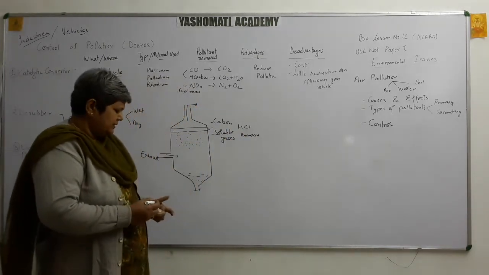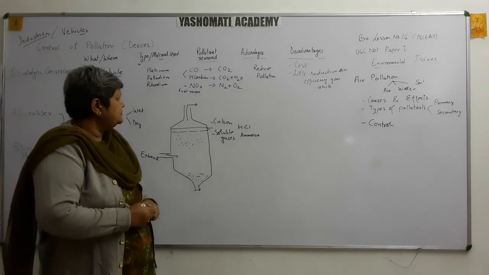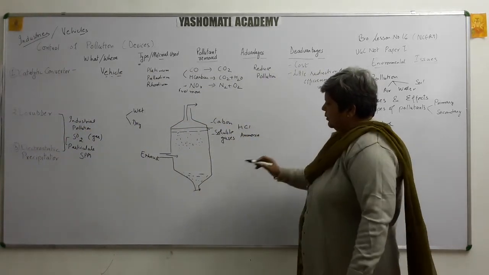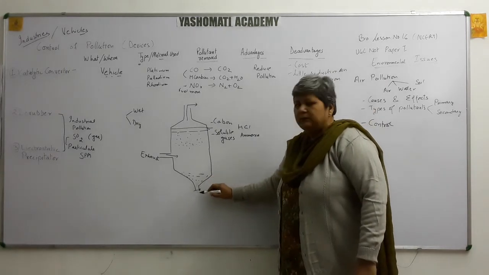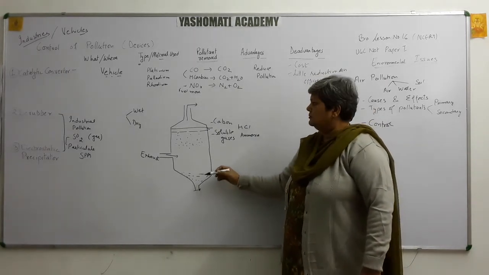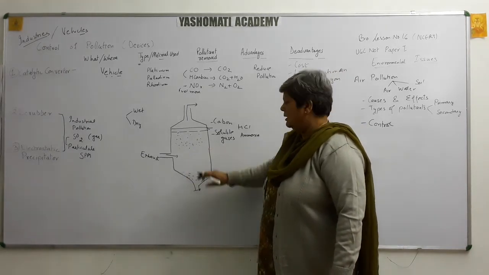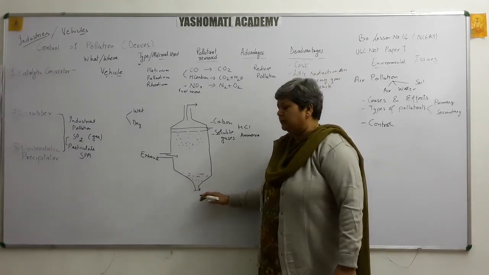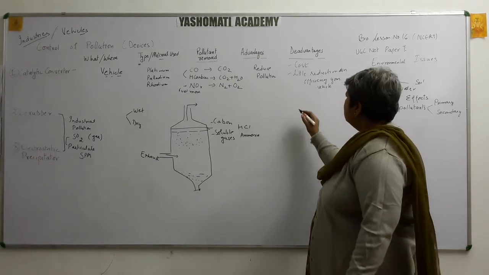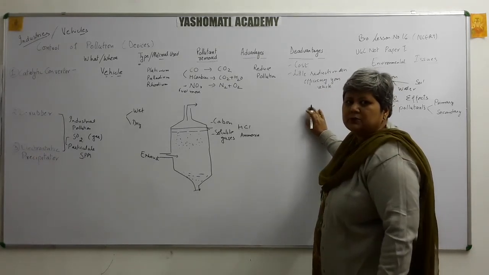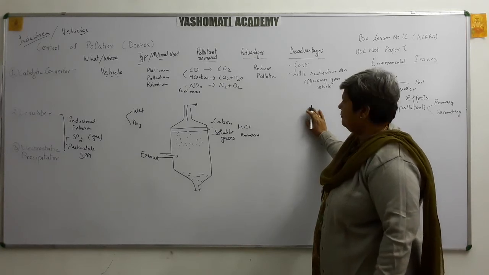The first disadvantage is that this device collects all the impurities in the form of slurry. Previously those pollutants were in gaseous form, now they are in slurry form. So, that slurry or waste water has to be disposed of properly.